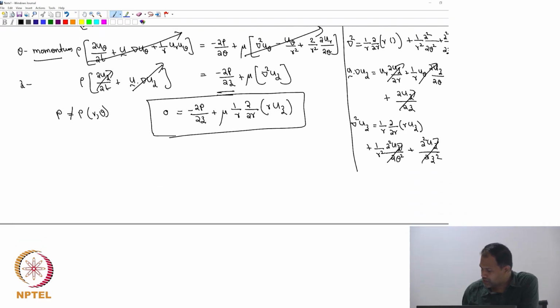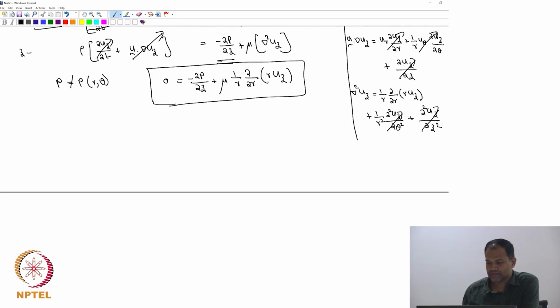Any doubts? What kind of differential equation is this? Is this a partial differential equation or an ordinary differential equation?